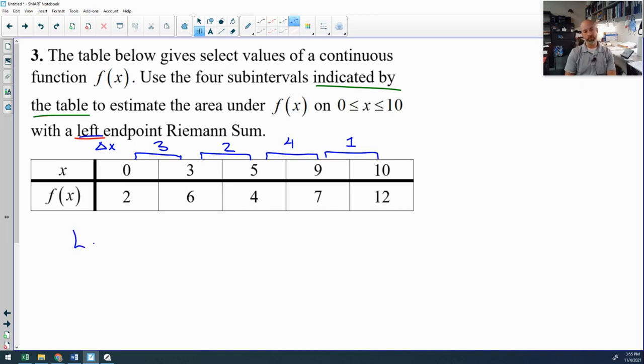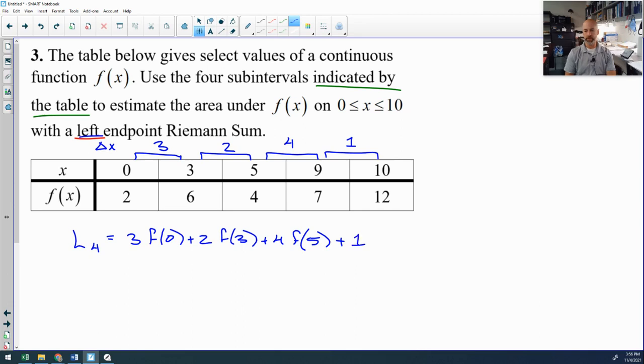So my left endpoint with 4 subdivisions is going to be, the first rectangle has a base of 3, and then the left endpoint is at x equals 0. Plus, and then my next rectangle has a base of 2. A left endpoint, if I'm going from 3 to 5, the left side is at 3. Then 4, and the left side of this interval, I'm going from 5 to 9, left side is 5.